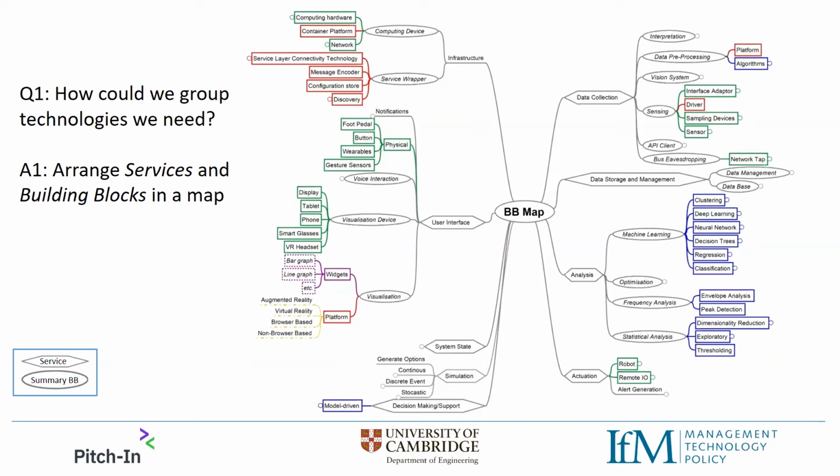I'm not going to go into detail today, but that literally gives us, if you want, a map in our mind to understand what elements of data collection are out there and how I can group them together. Same for user interfaces, actuation elements, computing hardware, data analytics, etc. So that, having this picture in mind, we then start looking at the technologies that we need for, let's say, associating to each of these boxes that you see in the leaves.